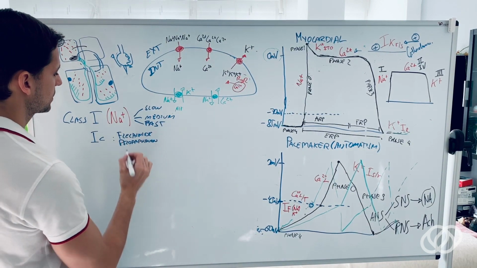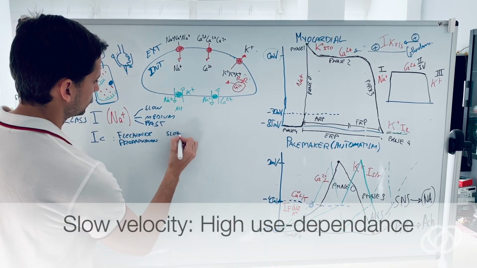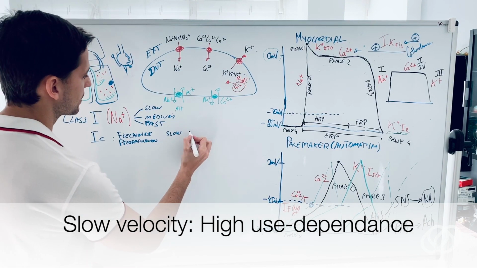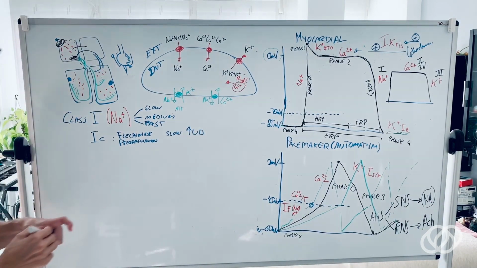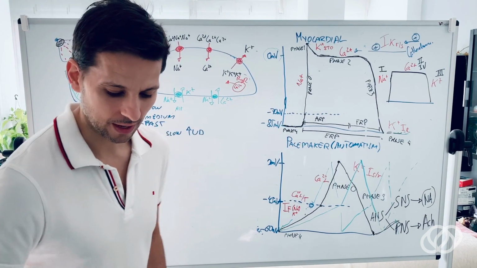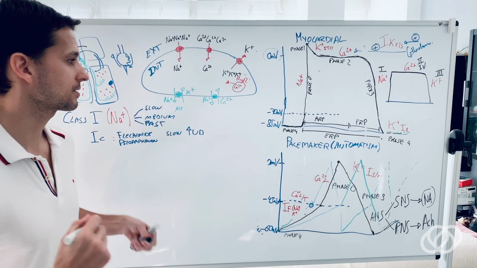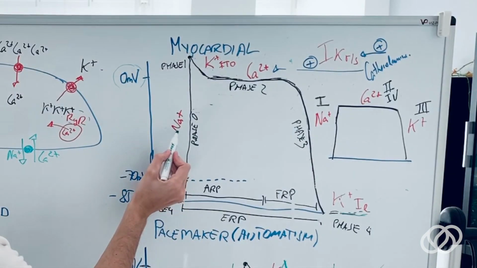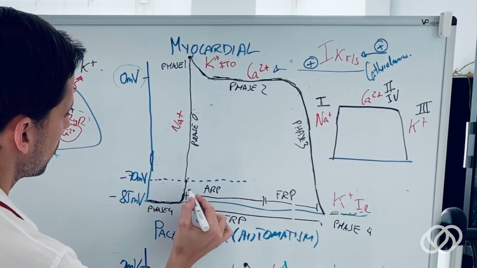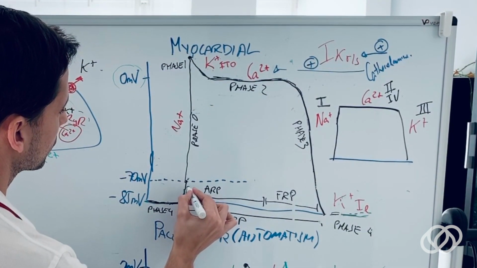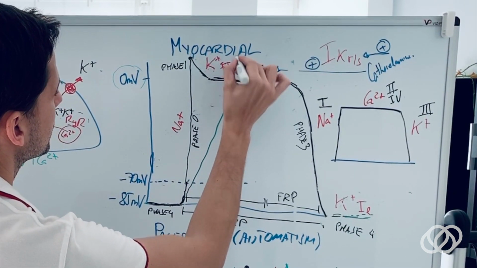So these drugs are very slow, which means they have a high use dependence. When we use this drug in an arrhythmia that is firing very fast, because they are blocking this sodium channel, the slope will decrease a lot.